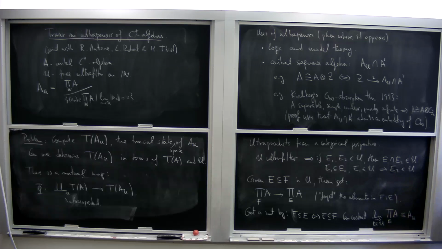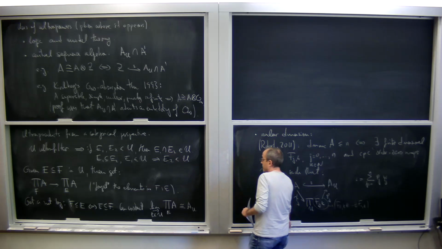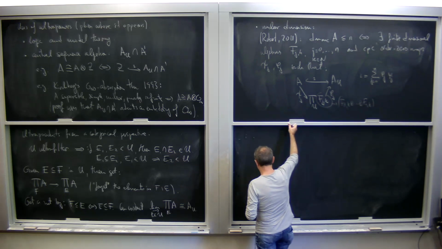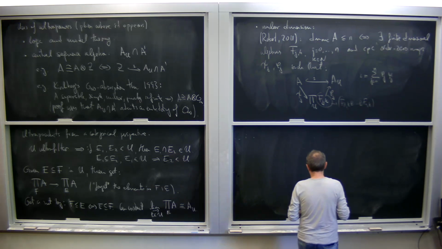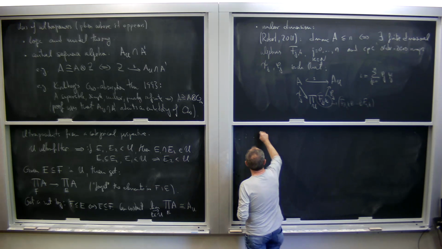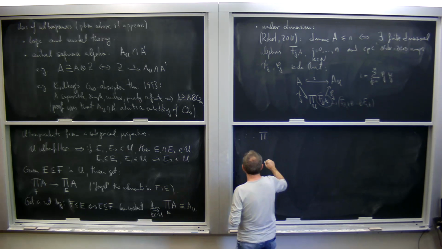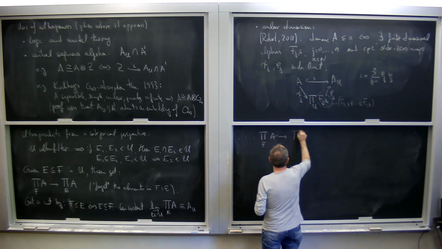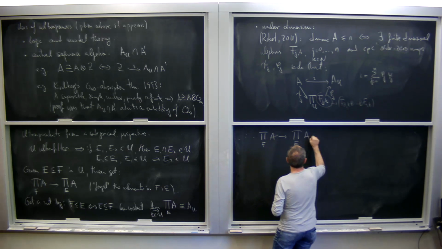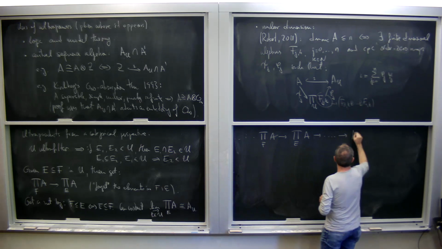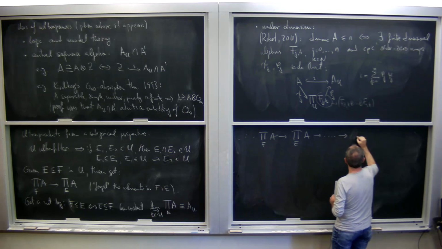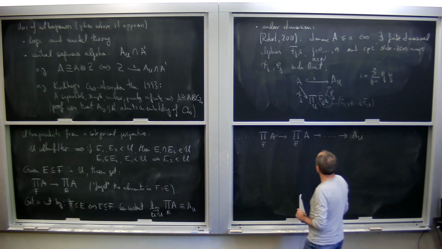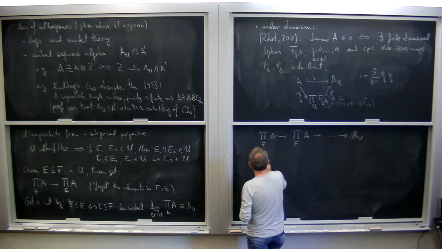Now, if we have this, let me write it like this. F, A goes to the ultra power, and then we can turn this around by taking traces.